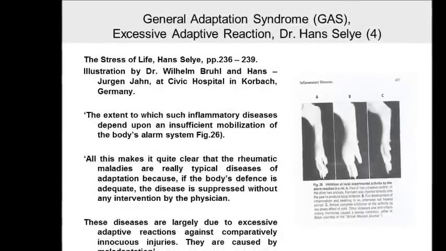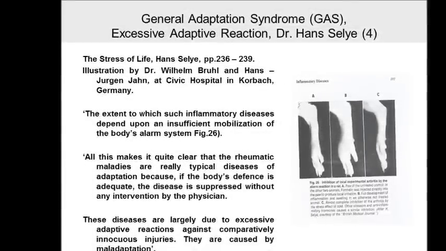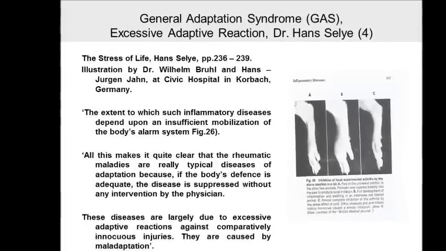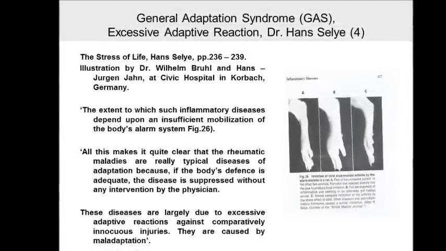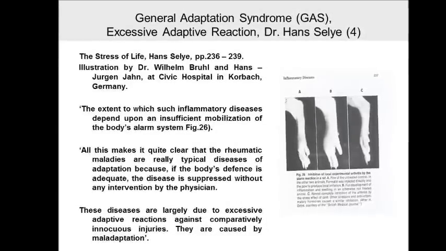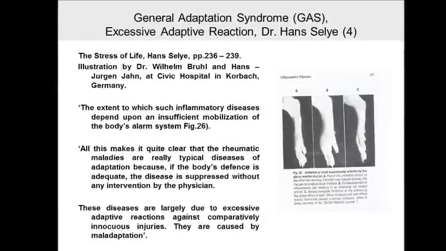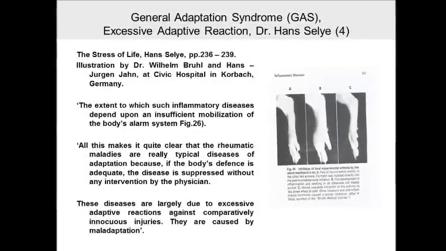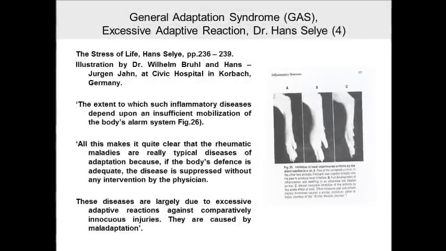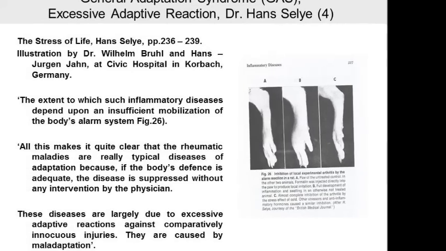And what Hans Selye said after he did that experiment, he was talking about rheumatoid arthritis actually, was that he came to the conclusion that rheumatoid arthritis can be caused by overreaction of the immune system.